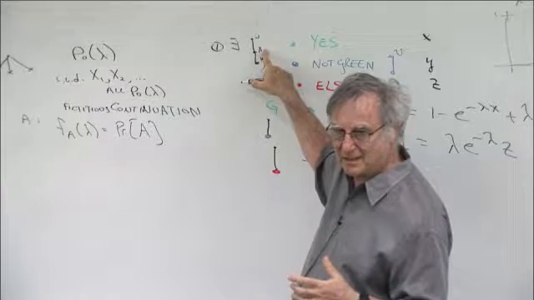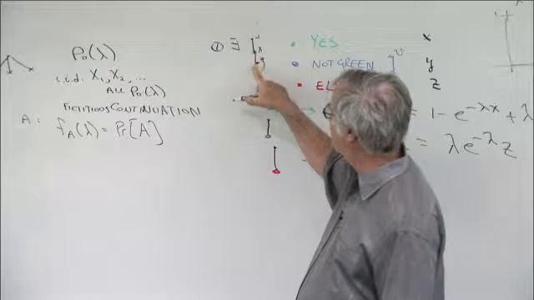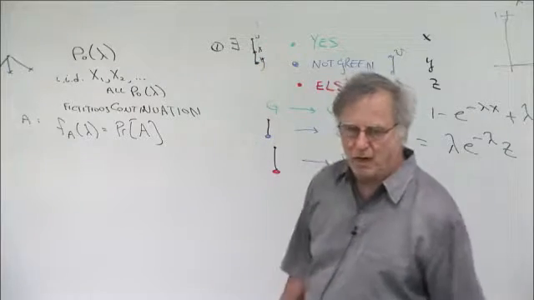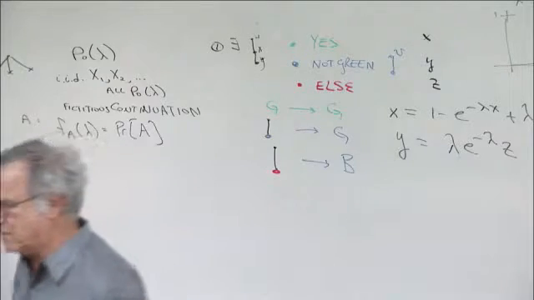So that says that it has exactly one child. And if x is the parent of z, then z equals y. Okay, so these are the kind of sentences you can make.